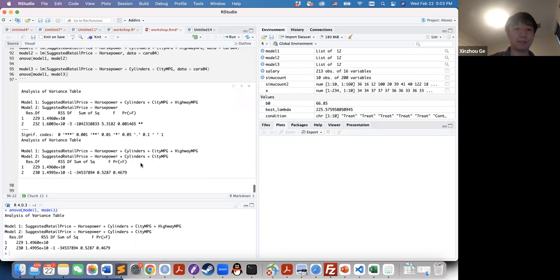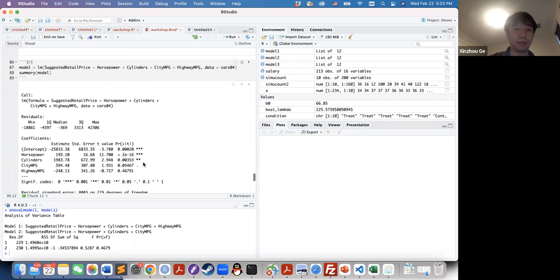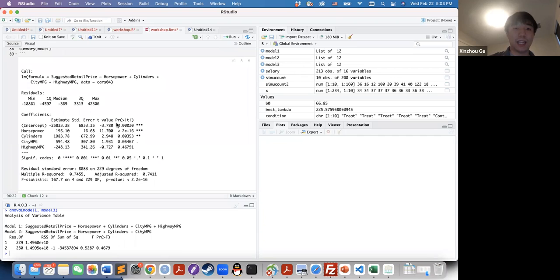If we compare these p-values with our previous t-test, you will see that the t-test for highway MPG is also 0.4679. So these 2 p-values are exactly the same, which shows that the t-test of this predictor is exactly the same as the result of comparing the model without this predictor and the model with this predictor.